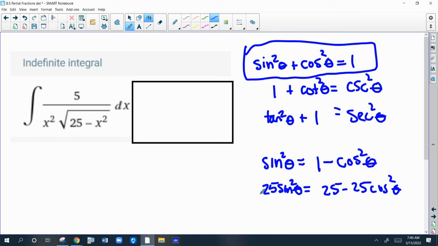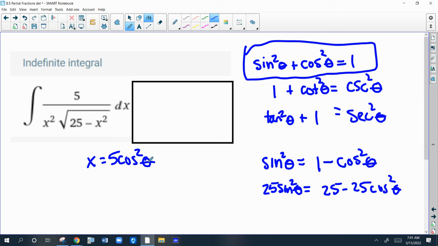Well, if you let u be 5 cosine, that would make u x. I'm sorry, I shouldn't even say u, it's an x, isn't it? So hold on a second. There's a screw up there. I'll fix that.